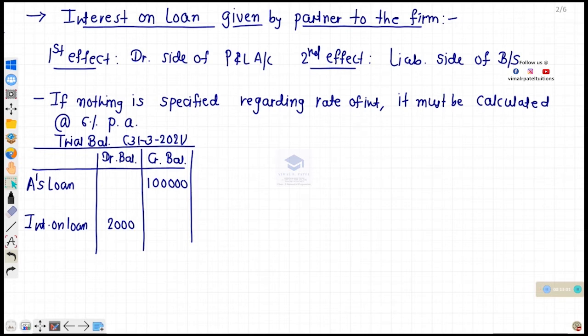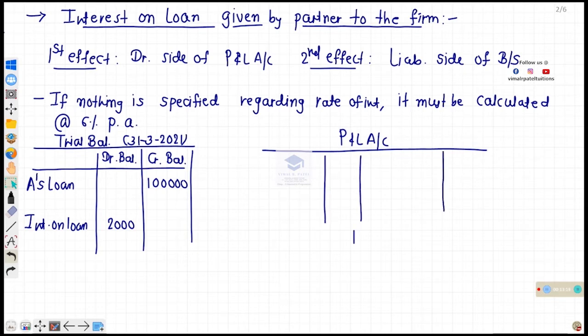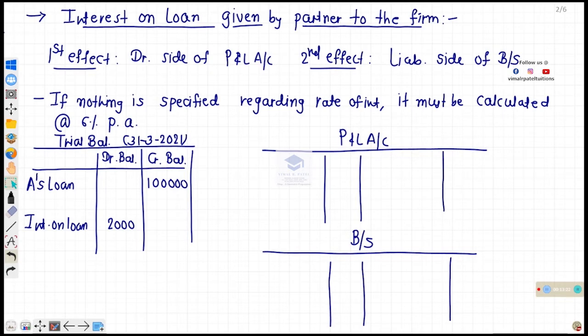Then see what will happen. First of all, A's loan 1 lakh.